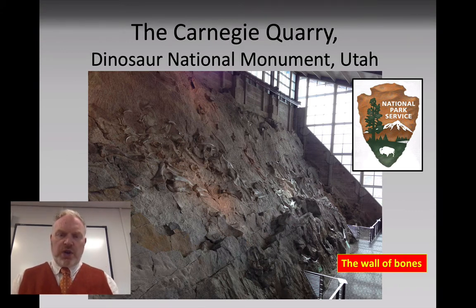The video was talking about the sheer diversity of fossils that are in this particular quarry wall. But we're going to focus on one type of fossil in particular. It's the first of a couple of parts of the lesson looking at a fascinating dinosaur called Stegosaurus.